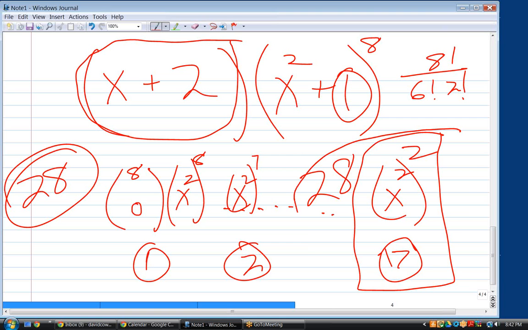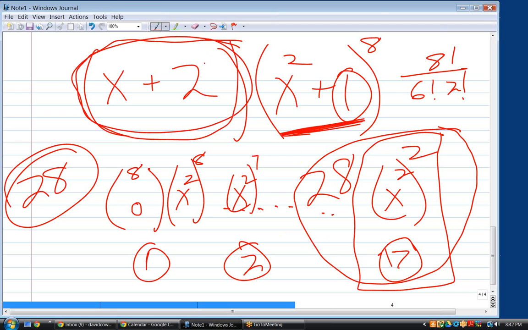So there is the seventh term of this binomial expansion. Well, that has an exponent of x to the fourth. If we multiply that seventh term by this binomial, we'll have our x to the fifth. So 28 should be the answer.